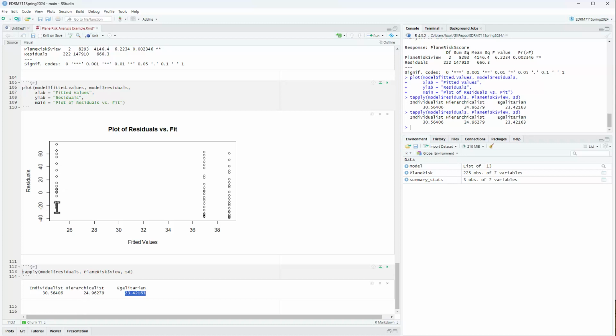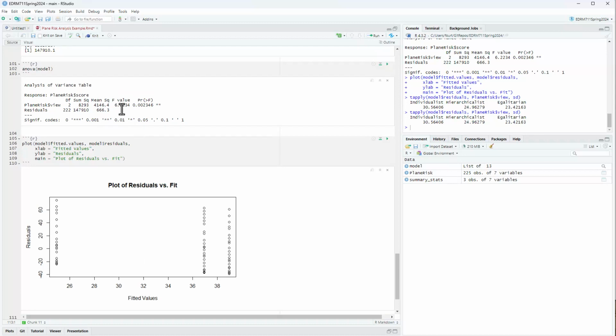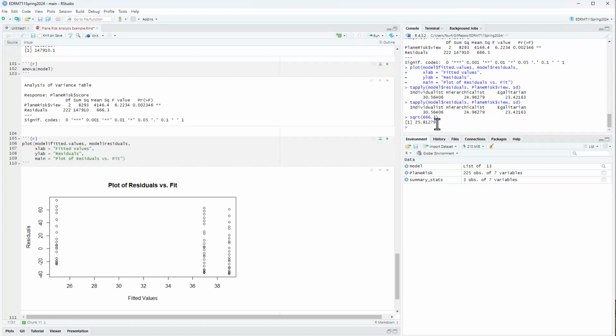That's because we're not seeing all the points and being able to assess all those points at once, because you can see, if you look closely, that there's some points that are overlapping down here. But this is not really that far off. Let's see, when we look at our mean square residual, if I take the square root of that, the mean square residual was 66.3, and the square root is 25.8.